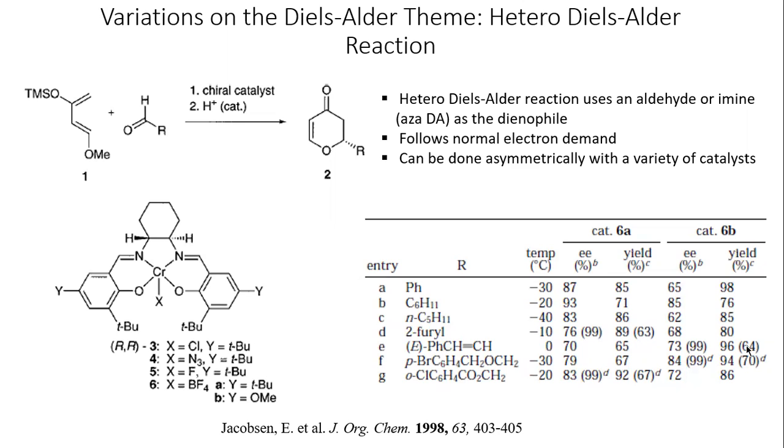And then right here, you can see the same thing happen with the different catalysts. It says 6A and 6B. So 6A has BF4 as a counter ion, and then the Y groups are tert-butyls, and then 6B is BF4, but the Y groups are methoxy groups.